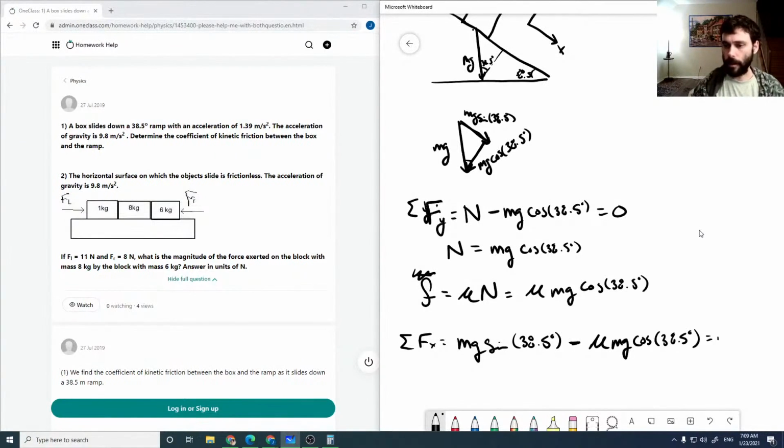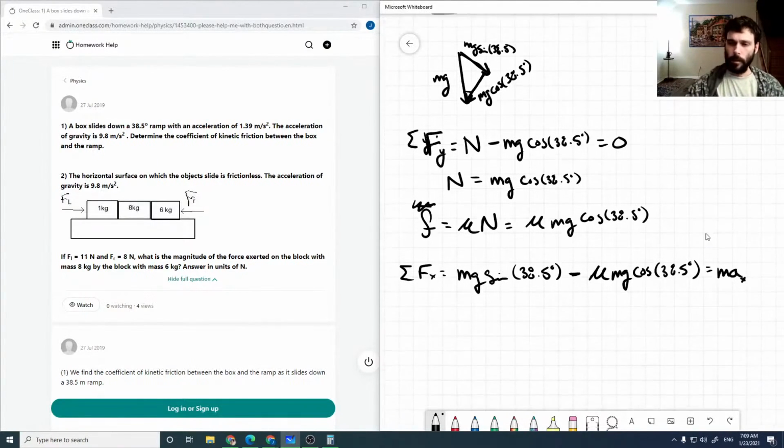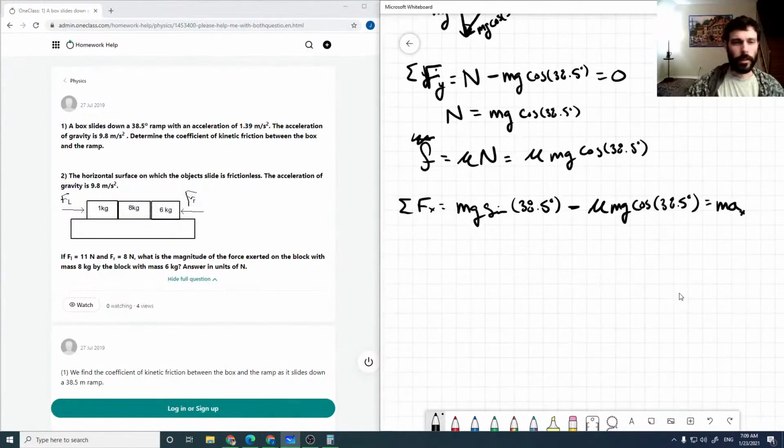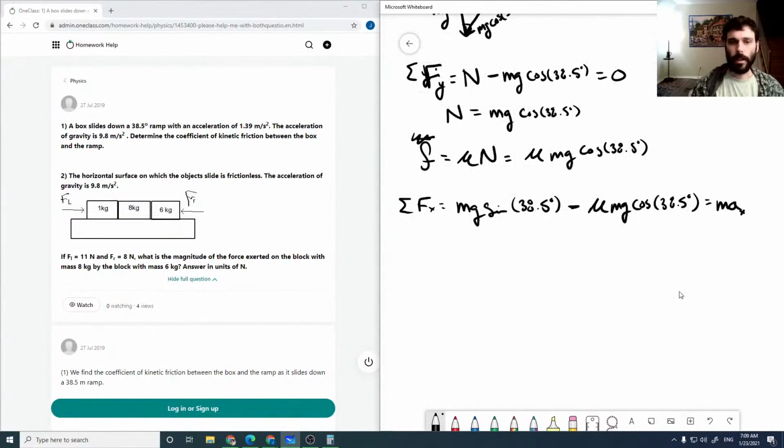And this equals our ma. And we're given in the question that the acceleration is 1.39 meters per second squared, and we're asked to solve for our mu. So first of all, we can cancel all our masses and divide out g. So we have that mu, and then rearrange here.